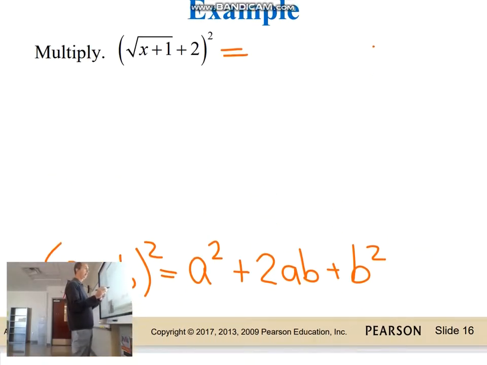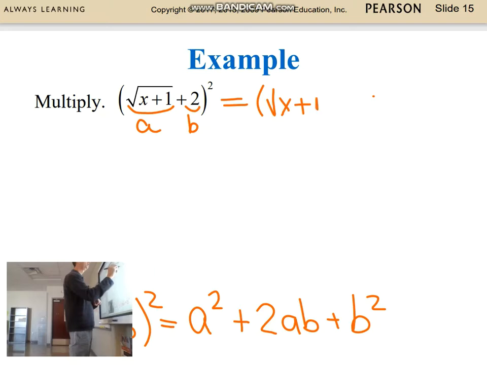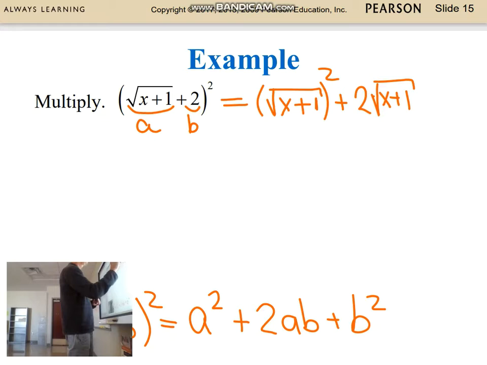Let me check. This is going to be A, number 2 is B, so we have A squared is square root of x plus 1 squared, plus 2 times A, square root of x plus 1, times B, 2, plus what?